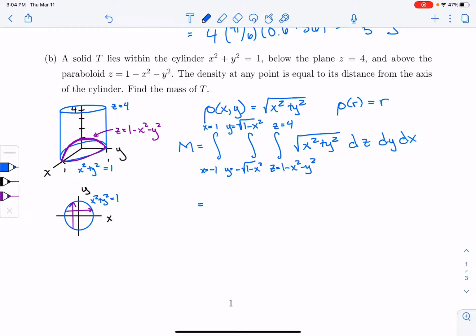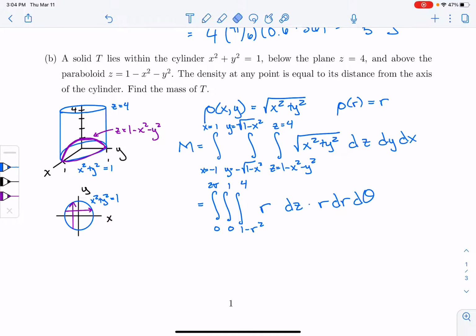If I'm going to describe a full circle of radius 1 in cylindrical coordinates, I want to go from 0 to 2 pi around theta, and then r from 0 to 1, and then z I would integrate from z equals 1 minus r squared, because 1 minus x squared minus y squared is 1 minus r squared, to z equals 4. And then I can integrate r, and then I still have dz, and then I have r dr d theta.